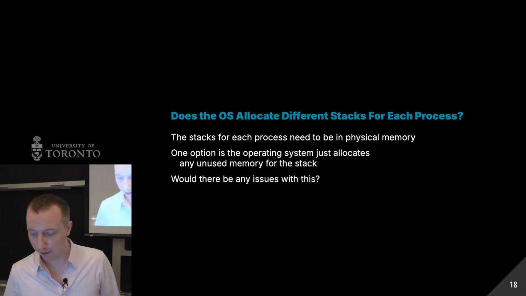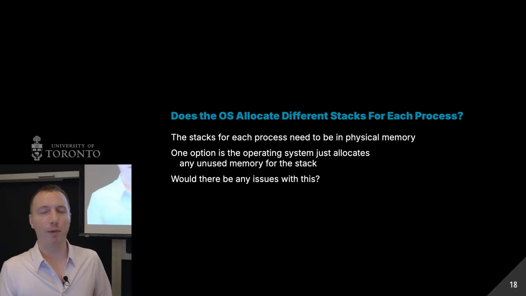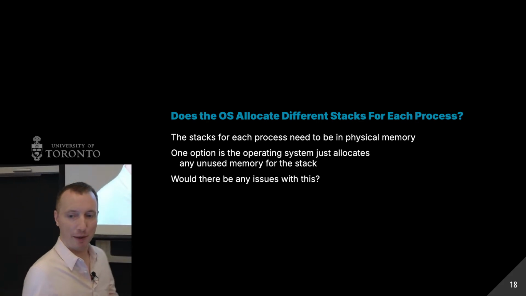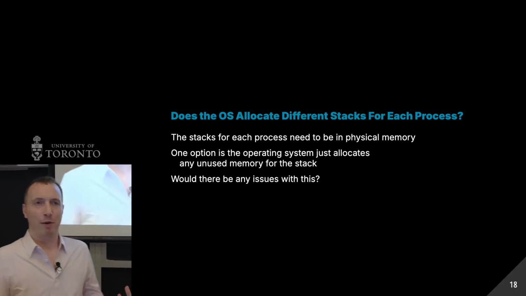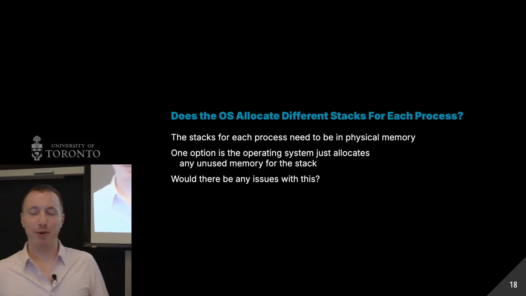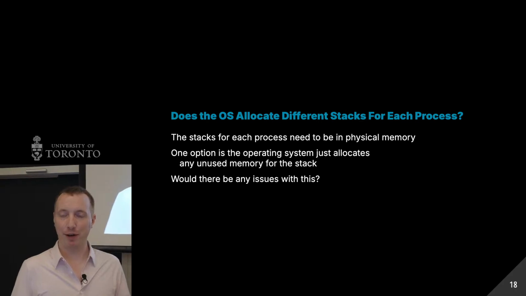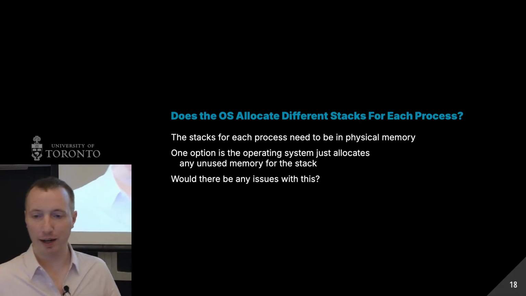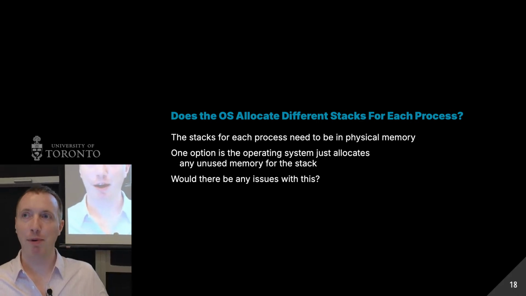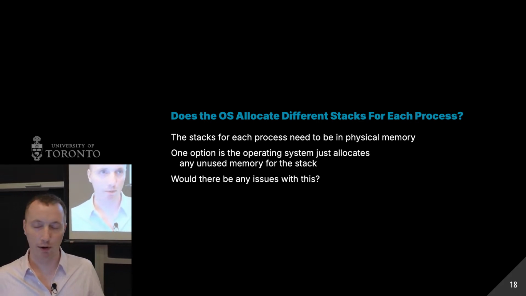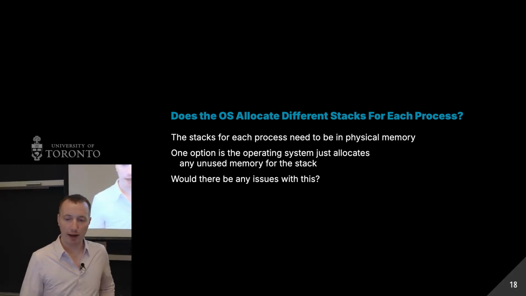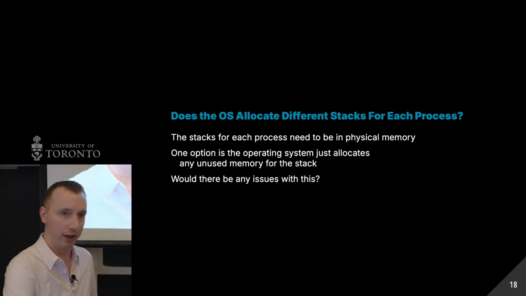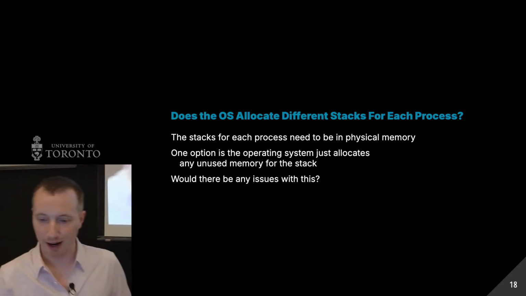So let's have a little thought experiment. If we just had a big block of memory, one thing our operating system could do is allocate a different stack for each process. Like, here's Chrome's stack, here's your stack, and the operating system figures out where in physical memory they should go, and then tells Chrome, use this address, and tells you, use this address.